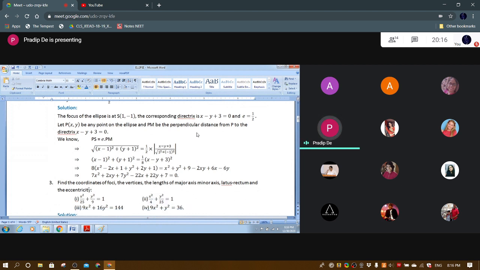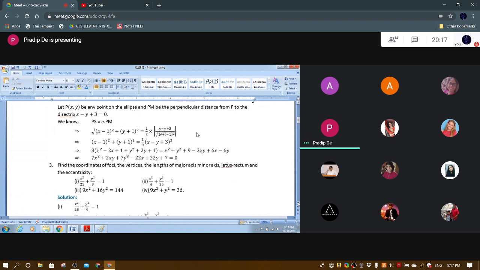In this question, you have to find out everything, like what if that is the equation: find the coordinates of foci, the vertices, the lengths of the major axis and minor axis, length of latus rectum, and the eccentricity. All, everything. How do you do it? Take the equation.